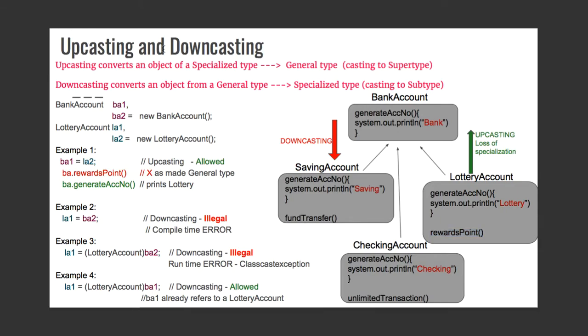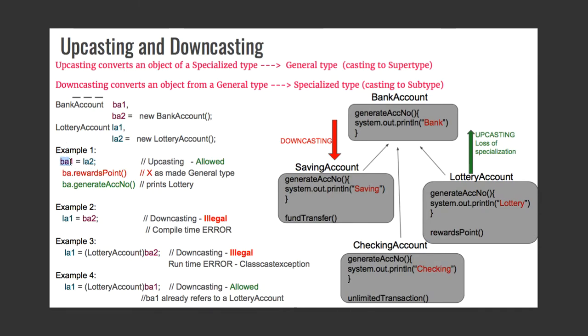Upcasting and downcasting is a quite tricky subject. An important thing to note here is that the typecast of an object decides what all methods it has access to, and its reference decides which class's method implementation to follow. To verify this, let's go to the first example.